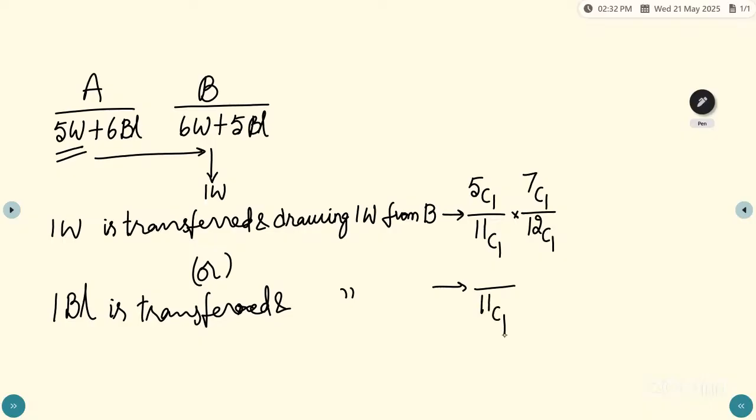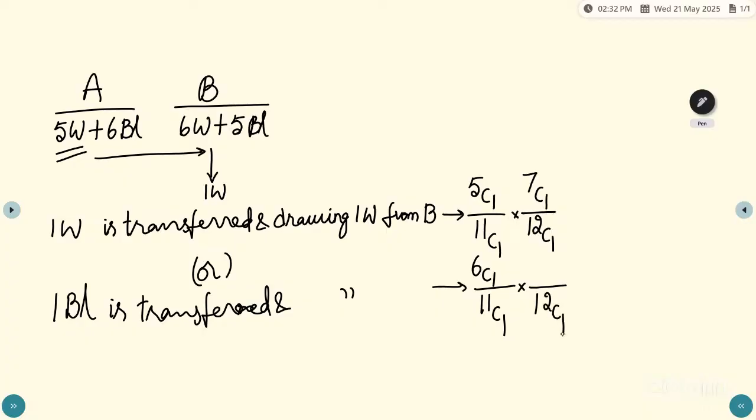Choose one. Okay. So how many blacks are there? Out of 6, choose one and multiplication. Now how many are available in B? Totally 12. Out of 12, choose one.